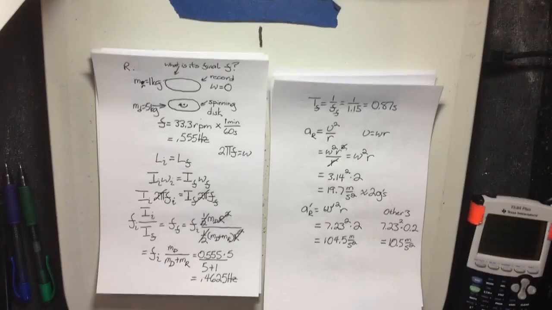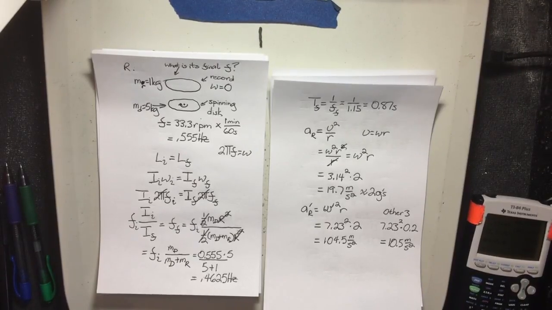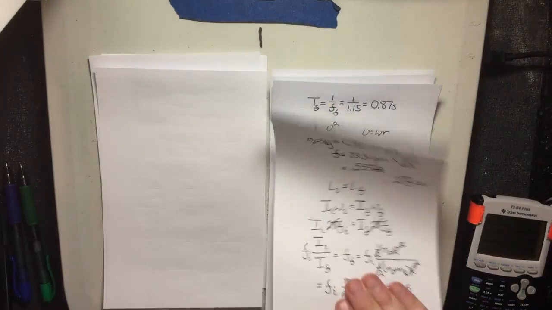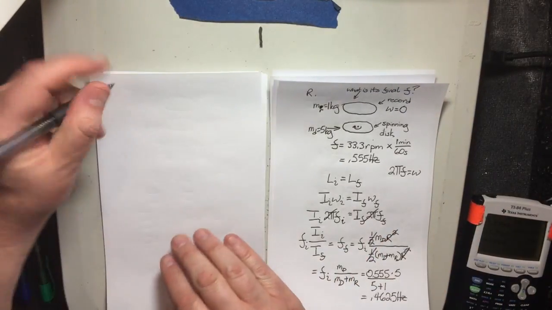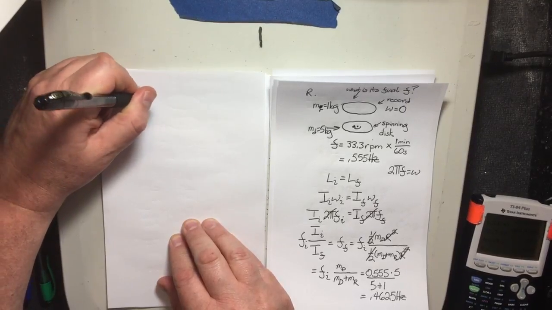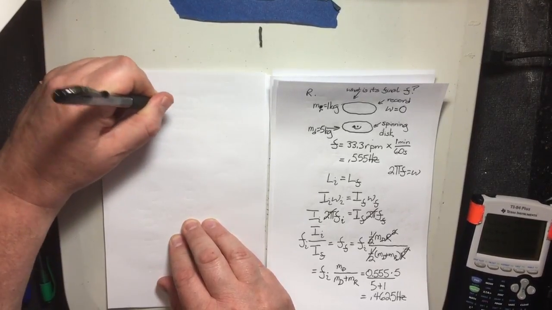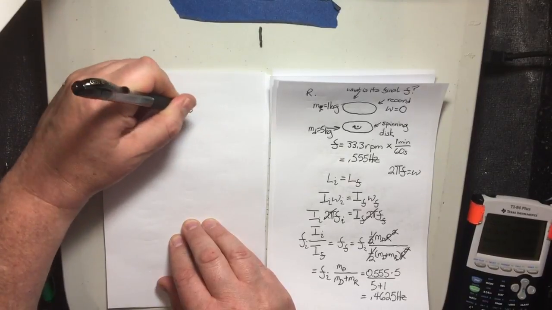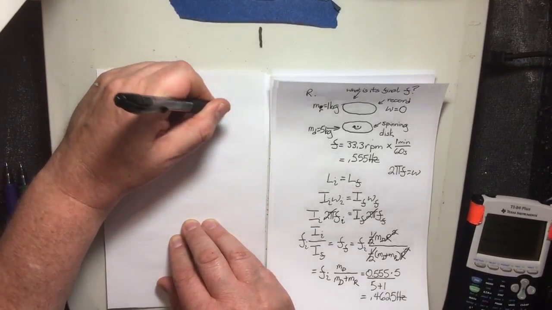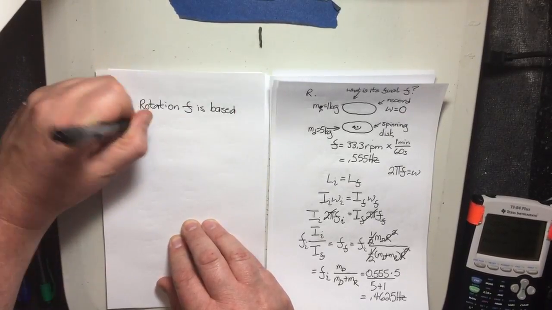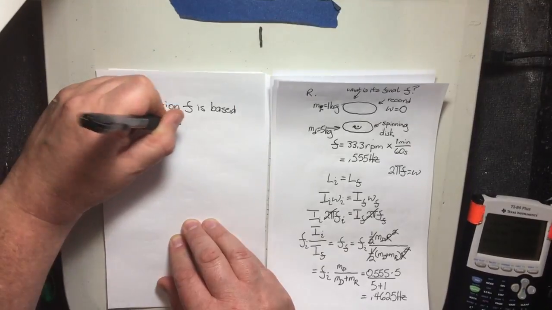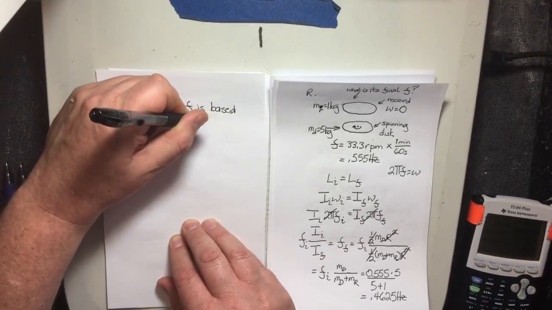So this illustrates conservation of angular momentum, and that rotation frequency is based upon its mass distribution.